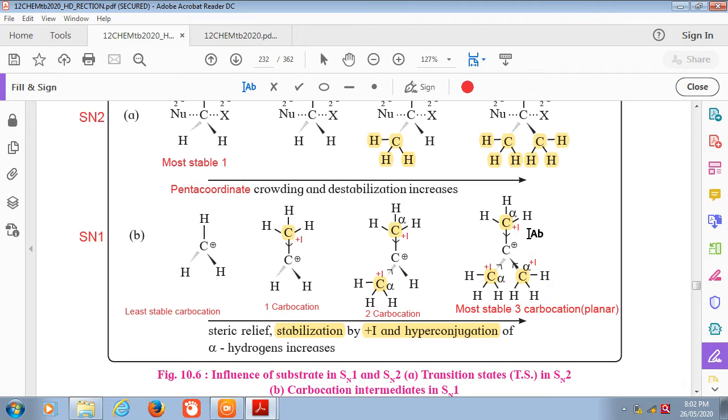There are 3 inductive effects by 3 methyl groups, and there are 9 hyperconjugating structures. That's why this is the more stable carbocation. So if you observe the Sn1 reaction mechanism, methyl halide is not favored, but tertiary butyl bromide is favored for the Sn1 reaction mechanism.